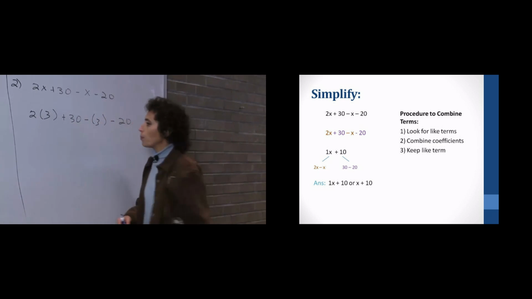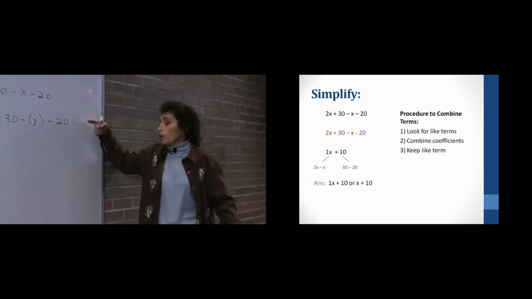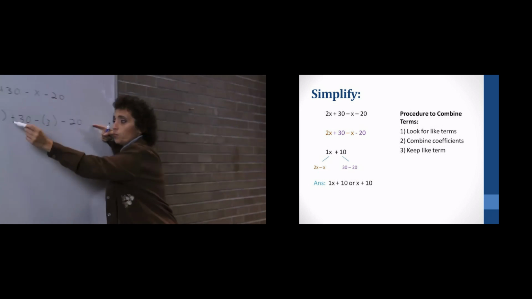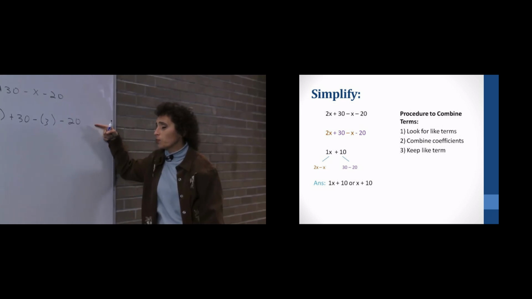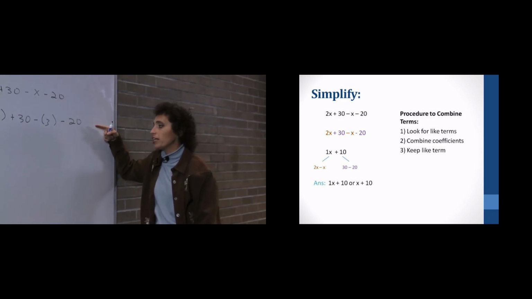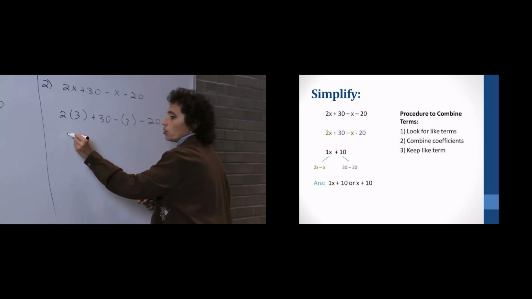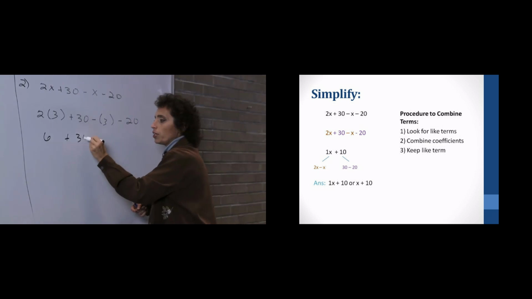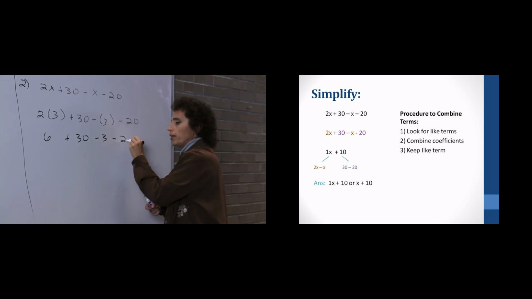So now order of operations. Parentheses, nope, these are not parentheses because there's no operation inside. Exponents, no exponents. Multiplication, yes, there's a multiplication. So this is 6, and I've multiplied, I can take the parentheses off. Plus 30, this is just minus 3, minus 20.